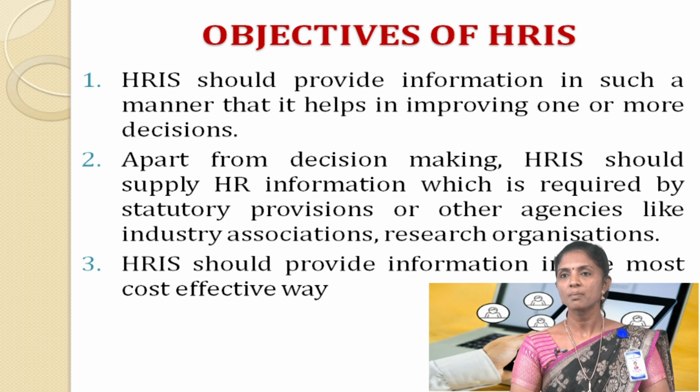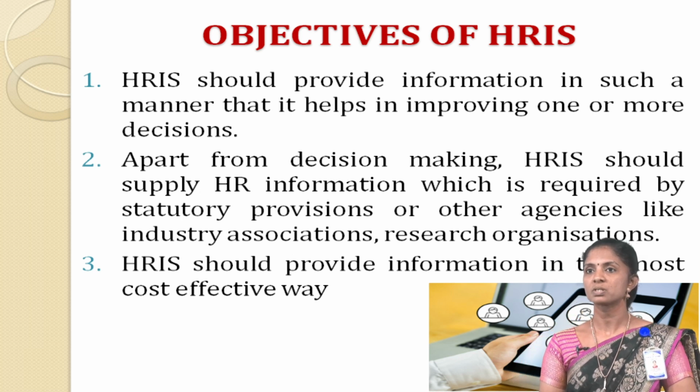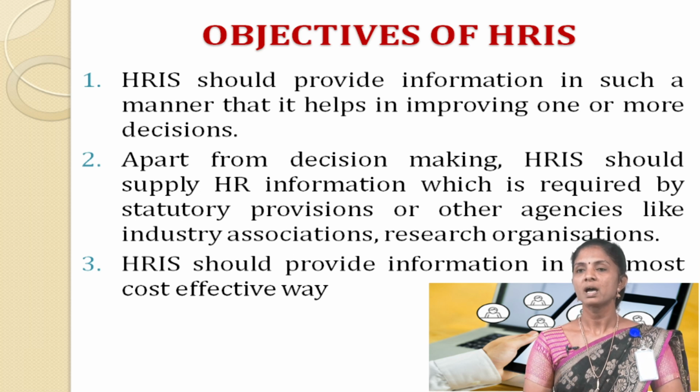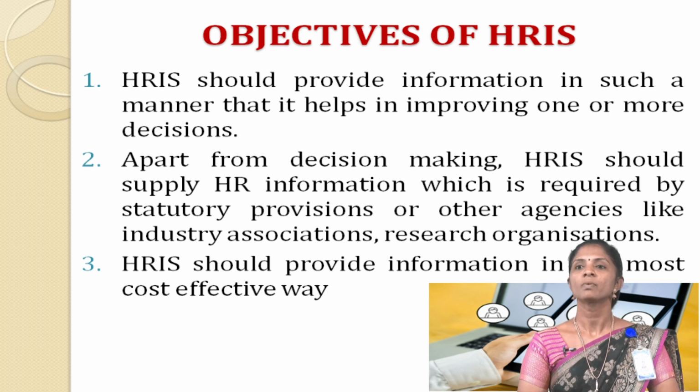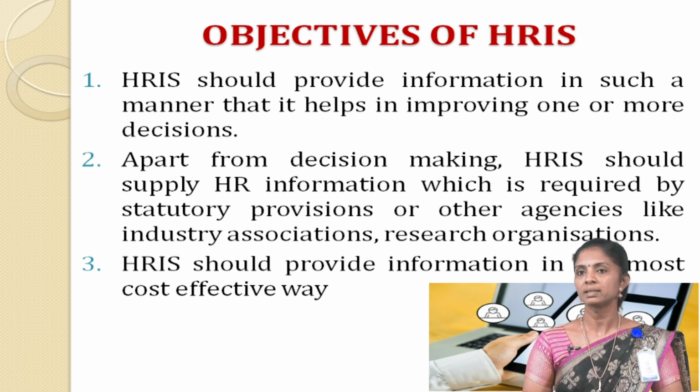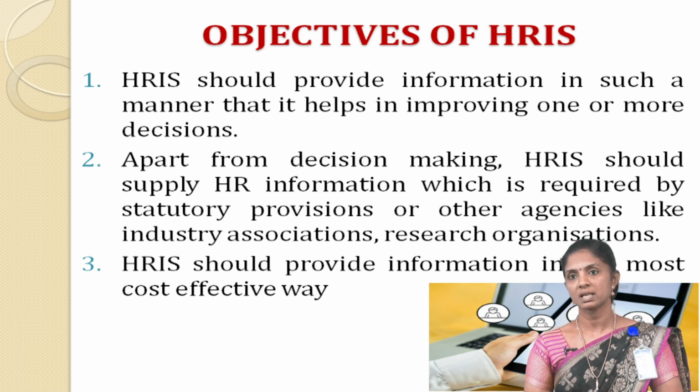Now, the objectives of human resource information system. The basic objective is to provide accurate, relevant and timely information about human resources and their functioning in the most cost effective way. The first objective is that it provides information in such a manner that it helps in improving one or more decisions.